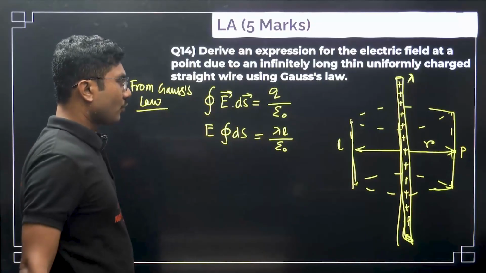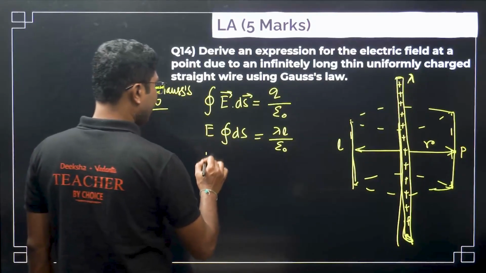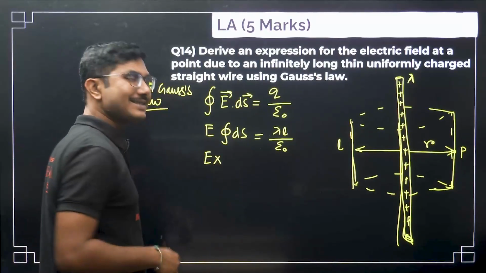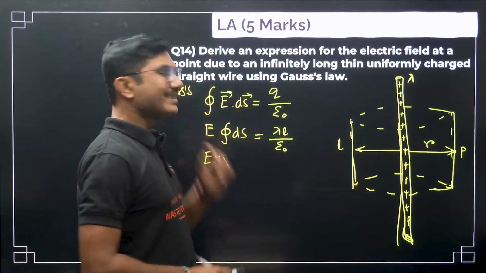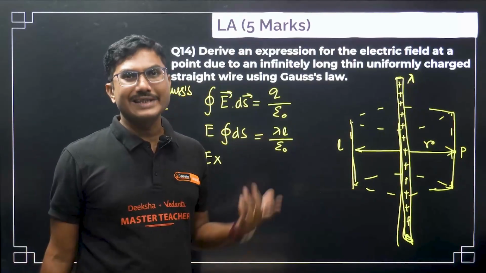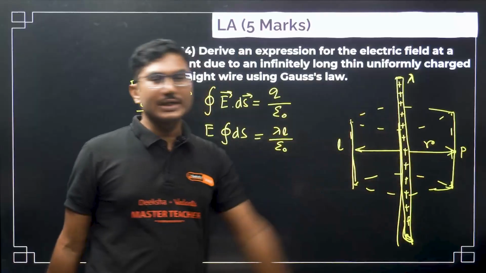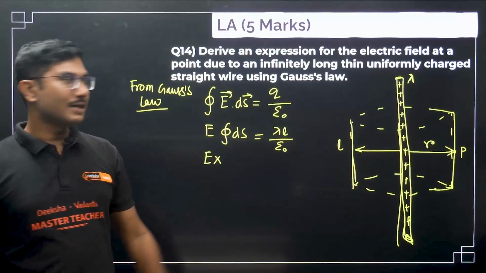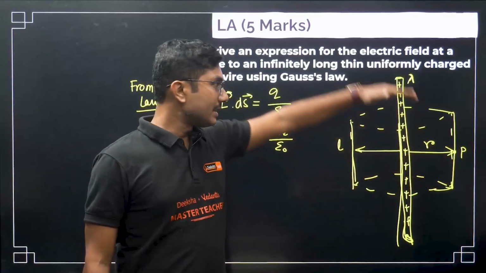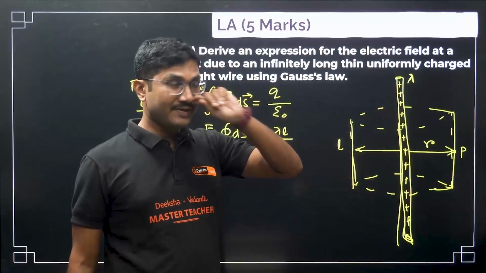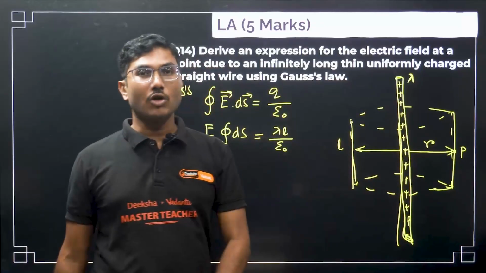Now what we have to do? So E into closed integral ds means total surface area. What is the total surface area of the cylinder? Only the curved surface we are considering; on the top and bottom there is no electric field, so these two surfaces we will not consider.